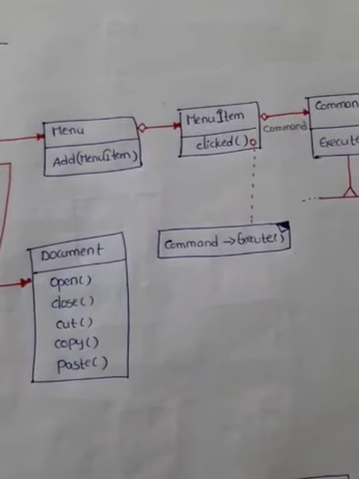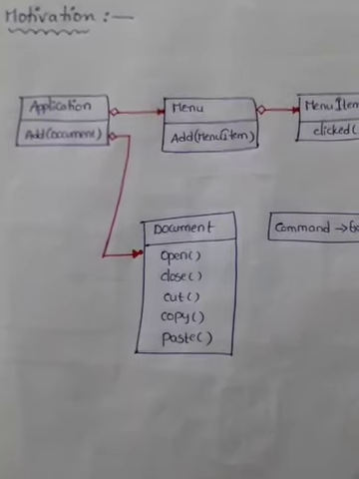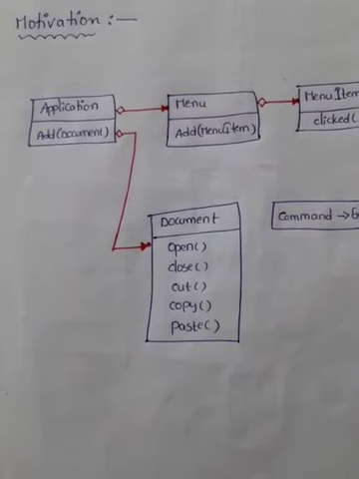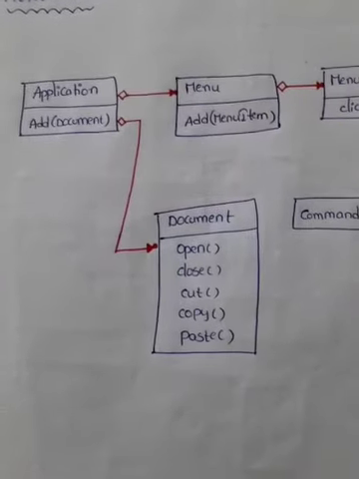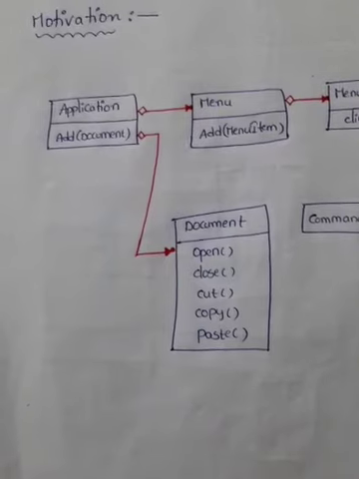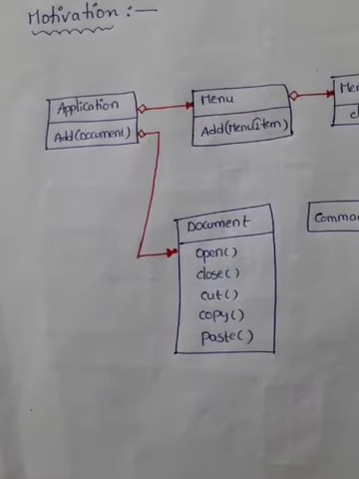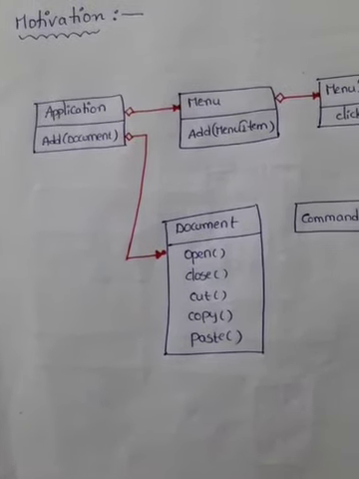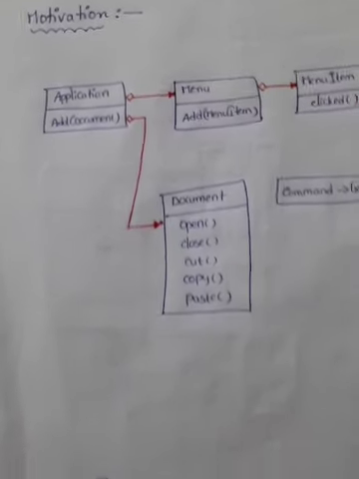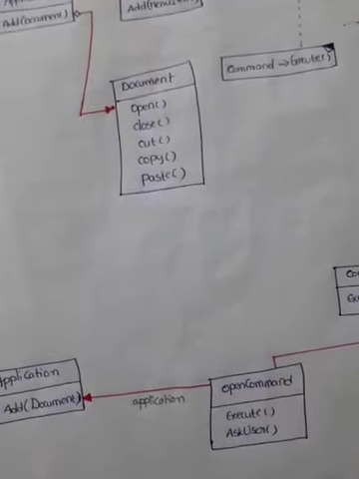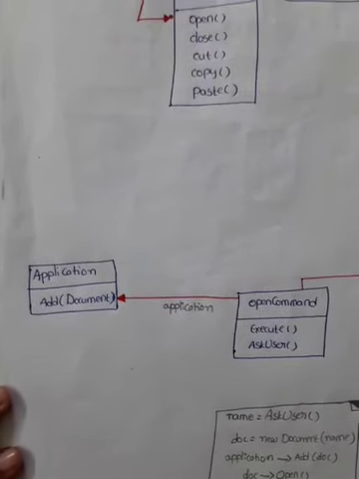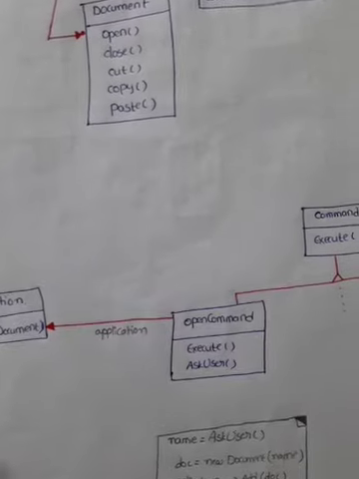By considering the motivation, let us see an example of how a command is executed. Suppose I want to open a document, so what do we have to do? We have to call an open command, we have to execute the open command. In that open command, the execute operation is different.